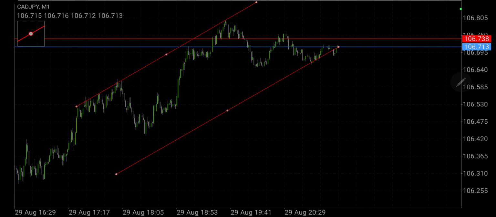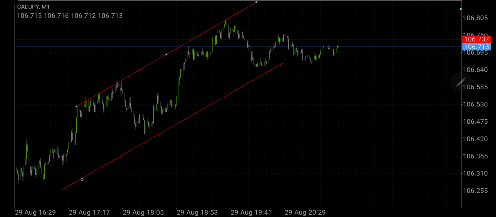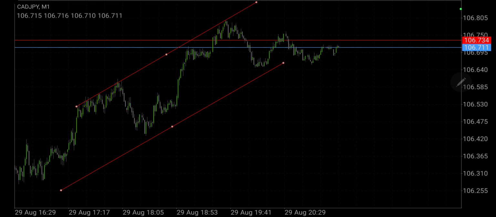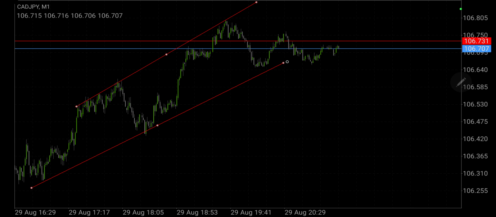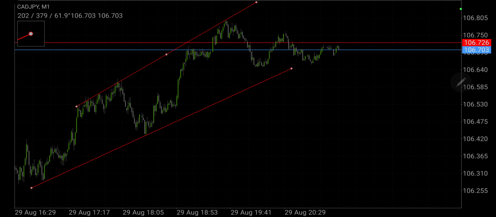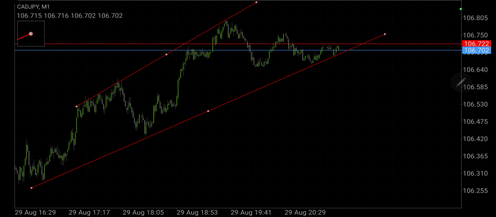What you have to do is take the trend line to the previous low, then you will have an idea, because it's a 1 minute time frame and you have to know exactly what is happening here. Take a look: in the previous trend line, it was showing the trend had already broken to the downside.